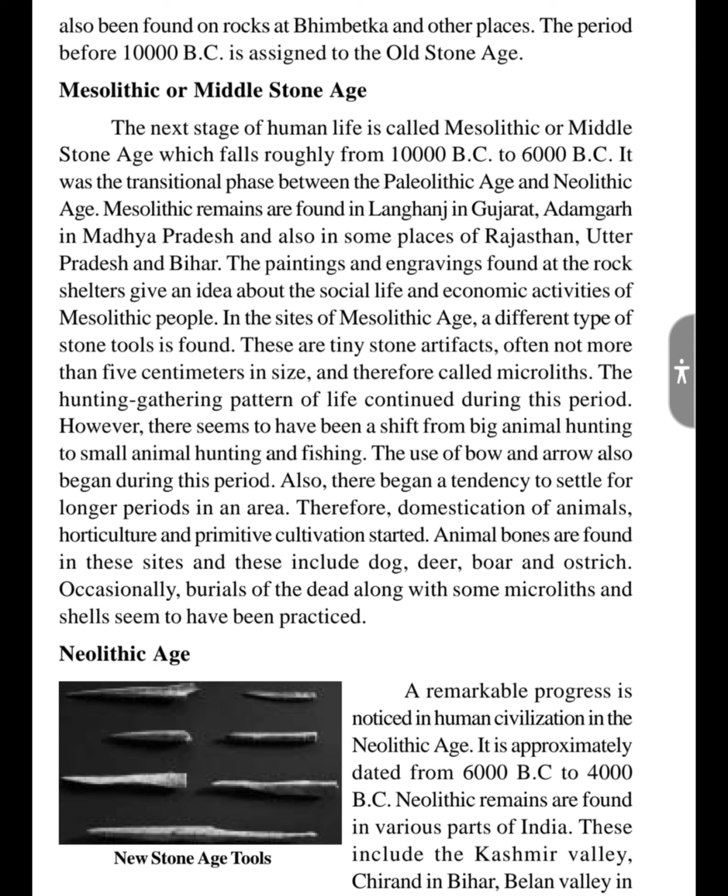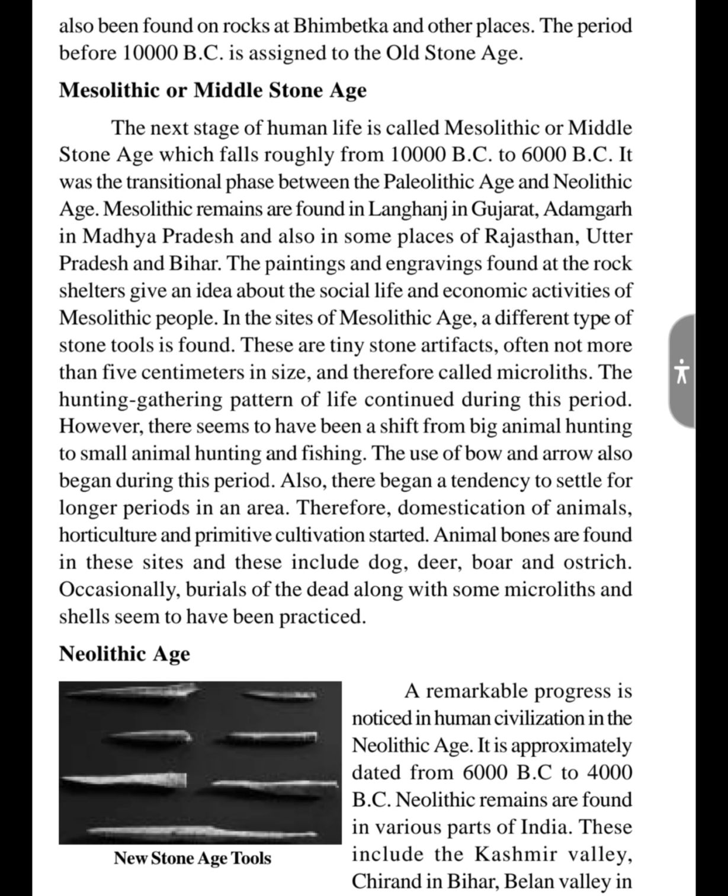The hunting-gathering pattern of life continues during this period. However, there seems to have been a shift from big animal hunting to small animal hunting and fishing. The use of bow and arrow also began during this period.